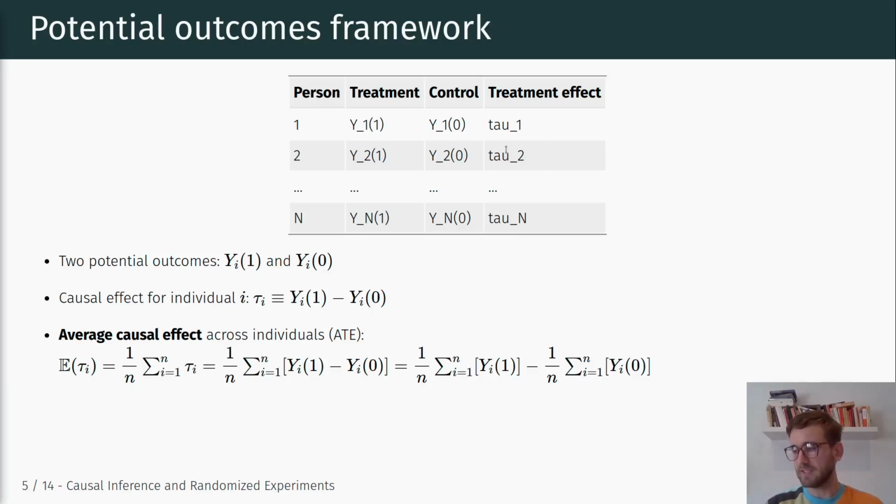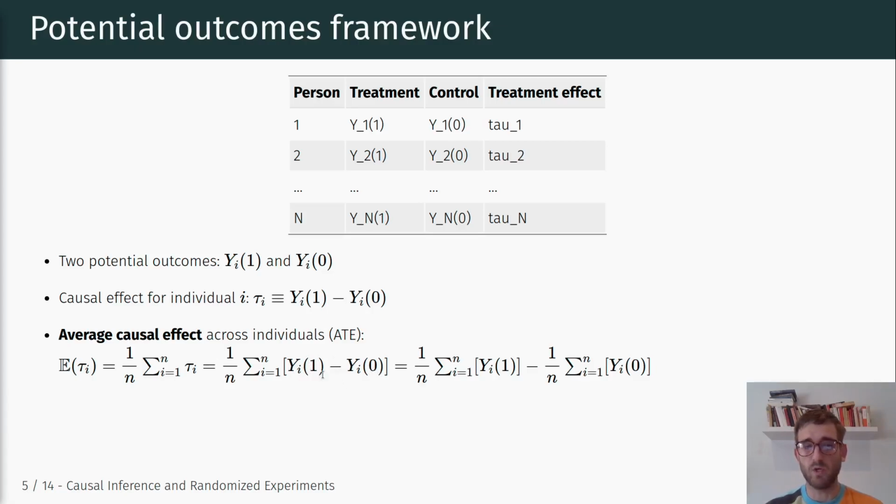Based on this potential outcomes framework, we can compute the average causal effect by just averaging over all our taus, okay? So here the expectation of tau i, that's the average causal effect or the average treatment effect, is just the average of our tau i's, okay? And each tau i, of course, is the difference between our potential outcome in the treatment group and the potential outcome in the control group.